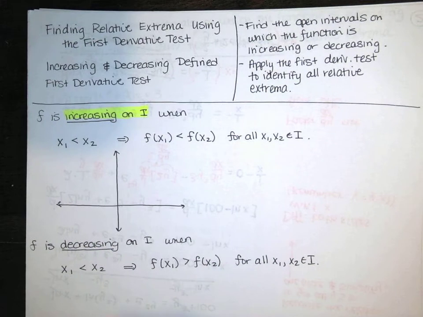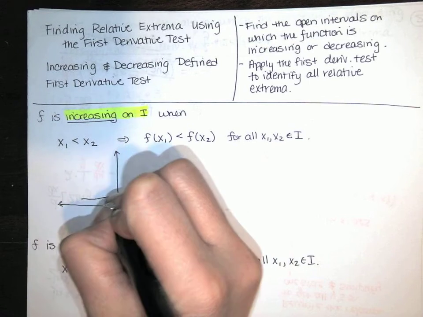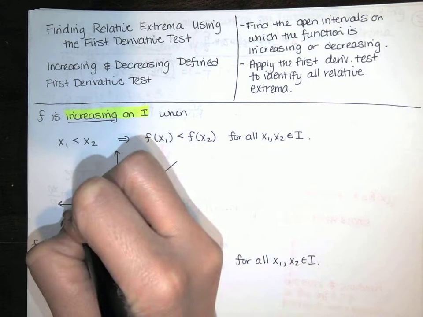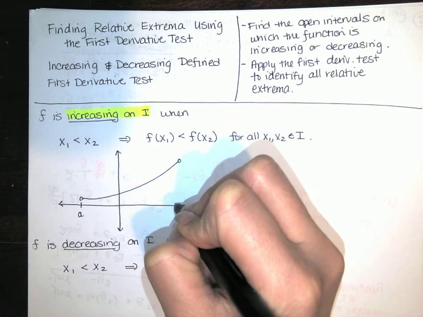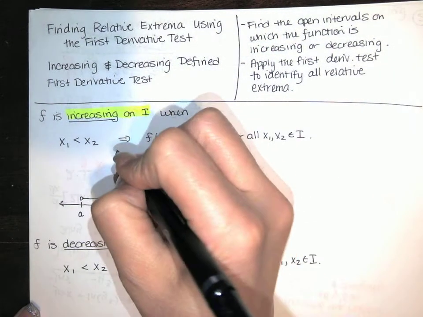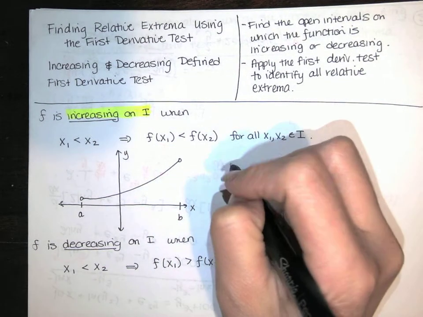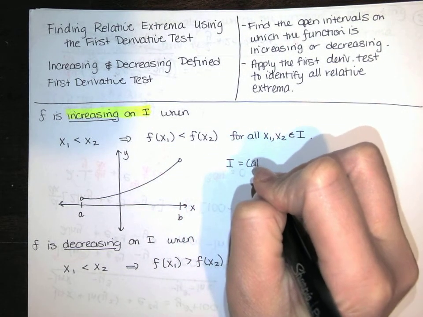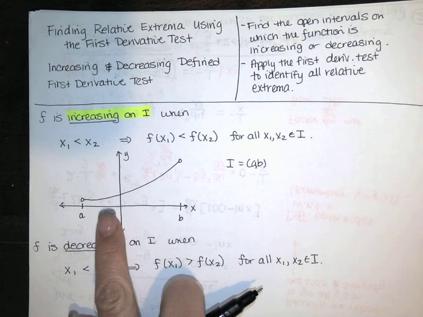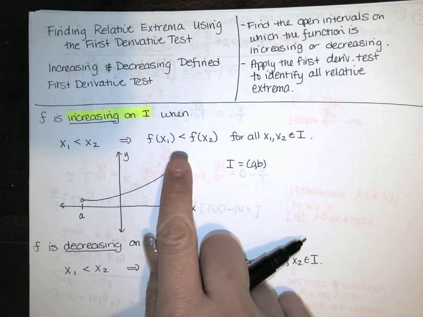So let's say we've got a function on an interval, and our interval I looks like this. Maybe the interval I starts at x equals a, and maybe it ends at x equals b. Well, this particular function, the one that I just drew, is increasing on the interval from a to b. I is just the interval from a to b. We can see that just by looking at the graph. Now what this says is, if this is true, then this is true.